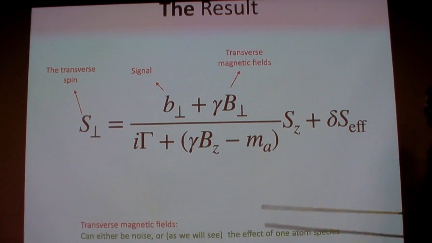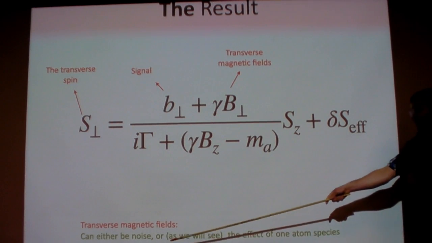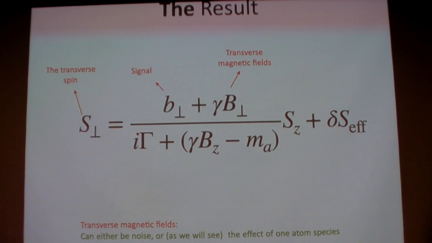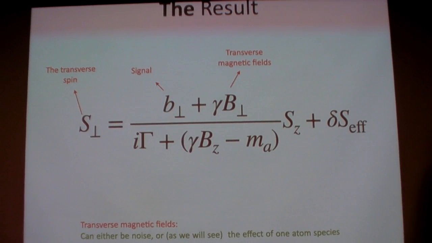But we also have other terms here. Specifically, this is transverse magnetic fields. Transverse magnetic fields can be from noise. Whatever system you're working with will almost certainly have some background magnetic field, and that's going to create some noise that is not the thing you want to measure. But also, as I alluded to earlier, our magnetometers are actually co-magnetometers. So we're going to have several species of magnetometers, and they're going to affect one another, and this is also going to contribute to perpendicular magnetic fields.